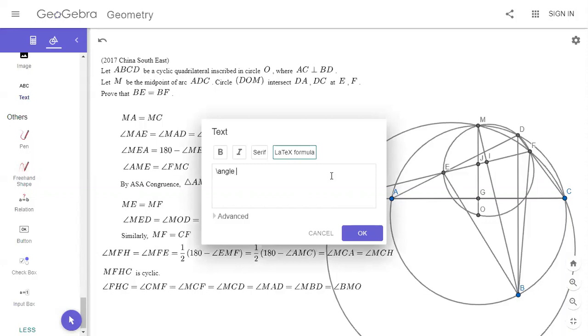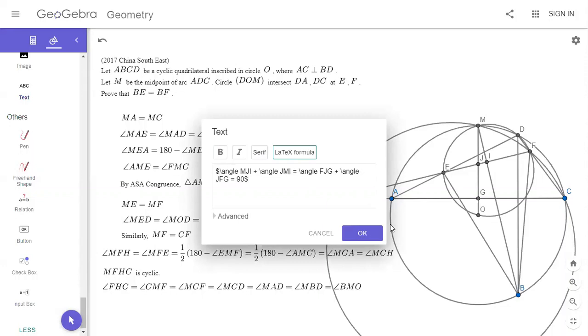Angle MJI plus angle JMI is equal to angle FJG plus angle JFG, which is equal to 90.